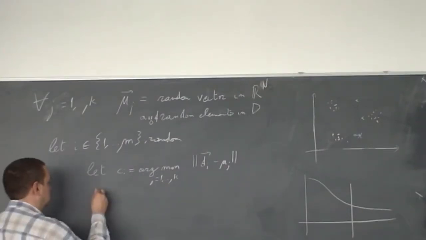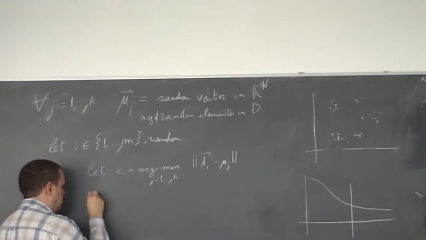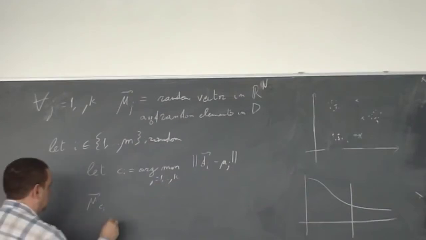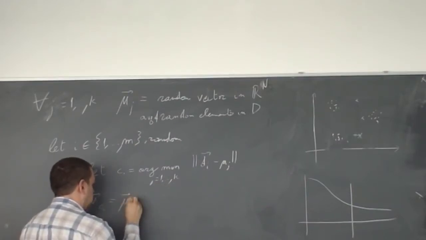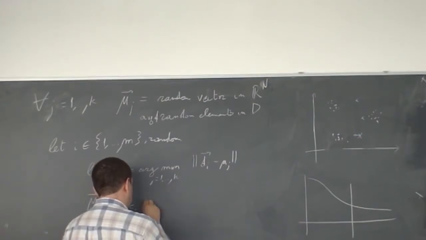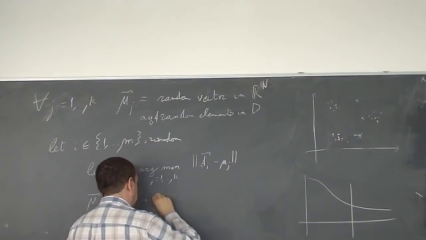And we modify mu ci by moving it towards the point di. So let's say, no, not move, let's say theta.